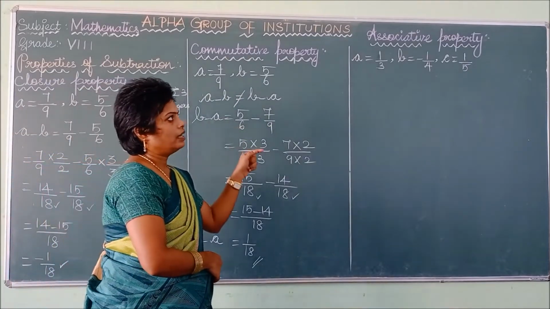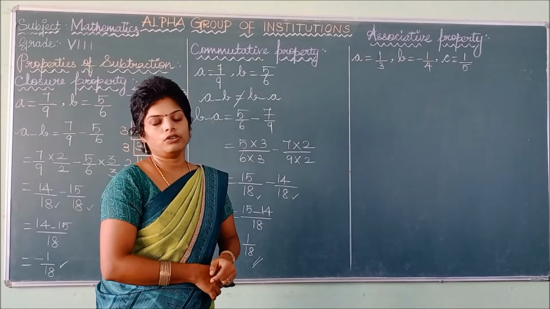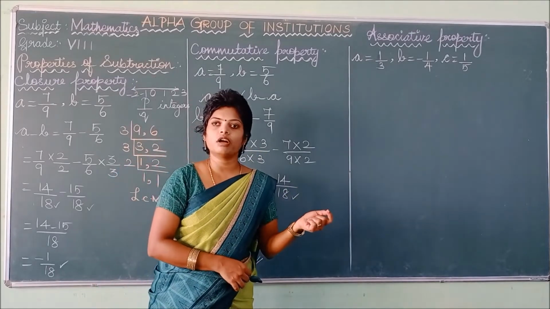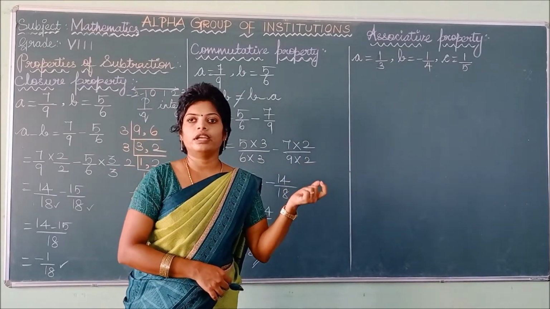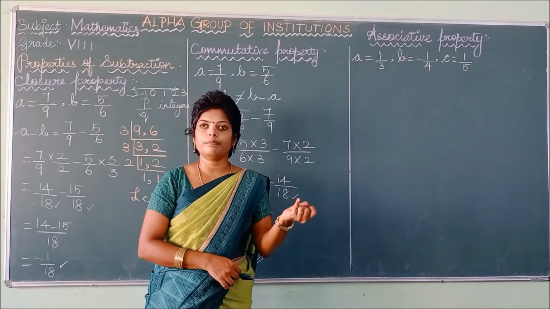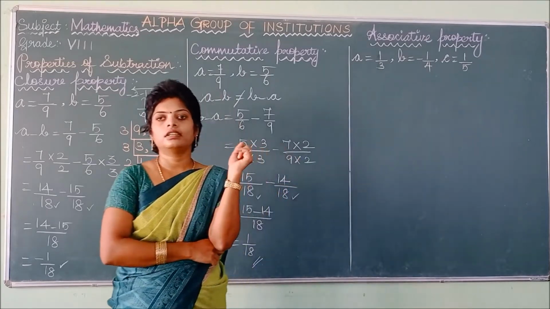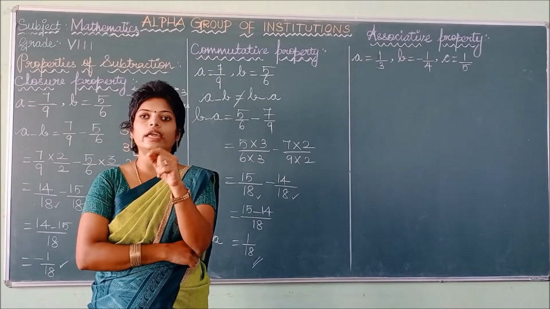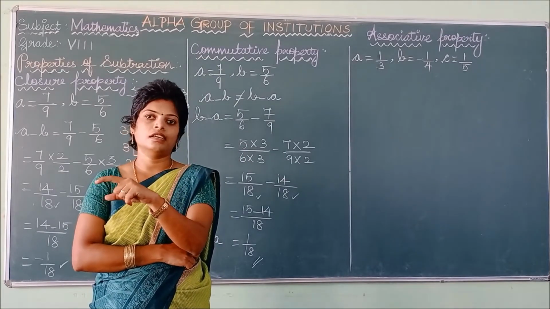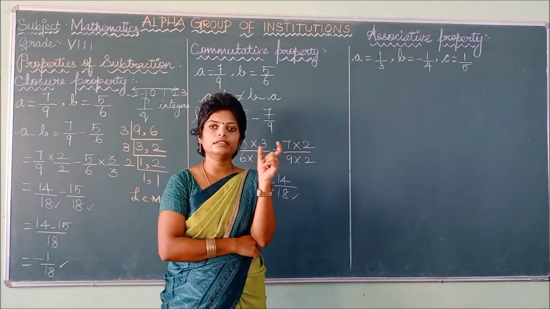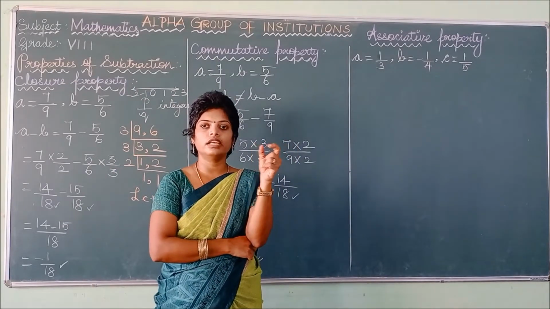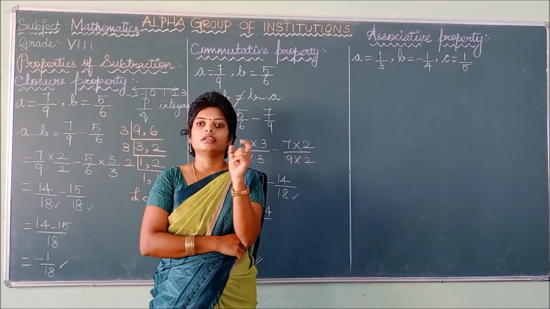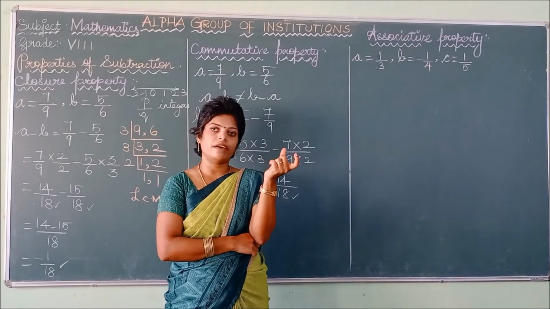This commutative property doesn't satisfy for subtraction. Let us check another property, associative. So associative for addition, what do you have? You can take any three rational numbers A, B, C, that A plus (B plus C) is equal to (A plus B) plus C. So adding the first two values, then with another rational number, you can interchange and find the values.